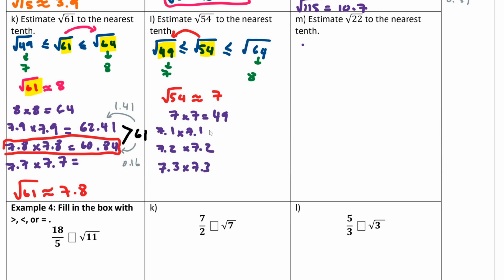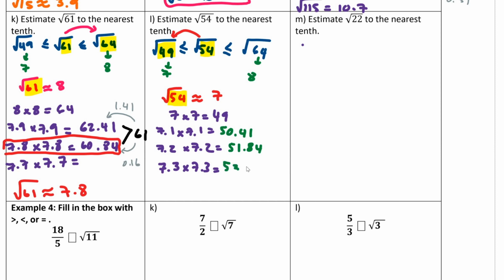Okay, let's see what we have here. Our goal is to try to get 54. 7.1 times 7.1 would be 50.41. Okay, we're trying to find 54. 7.2 times 7.2 is 51.84. 7.3 times 7.3 is 53.29.